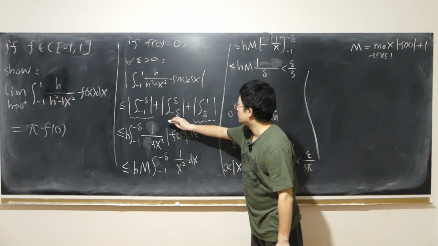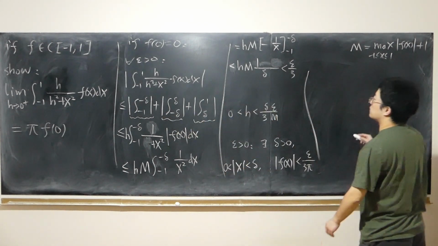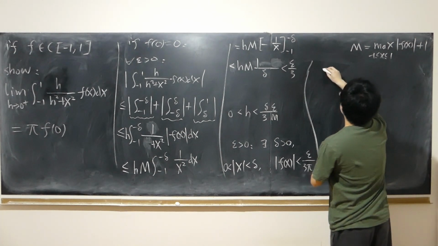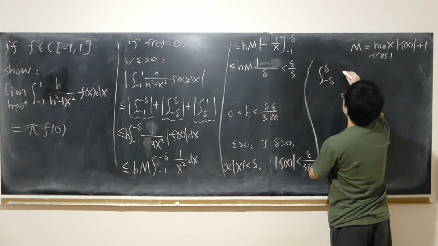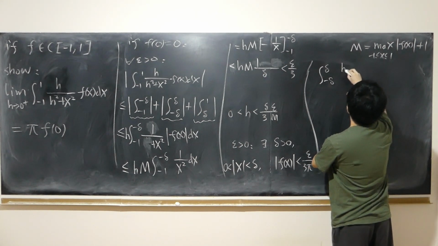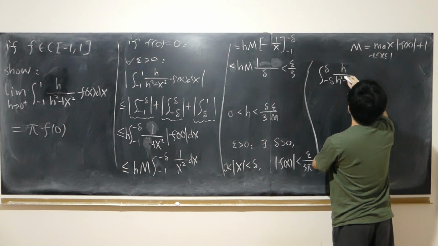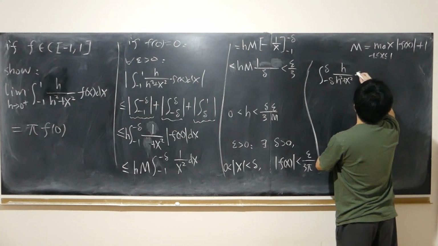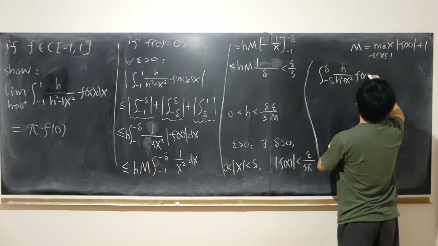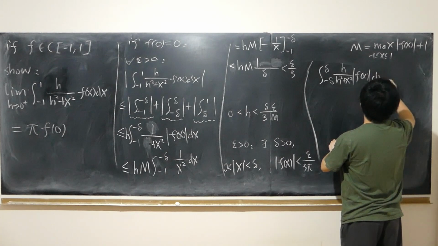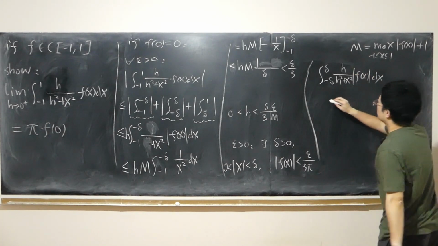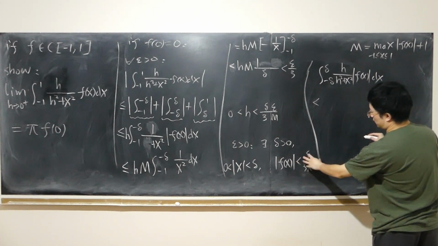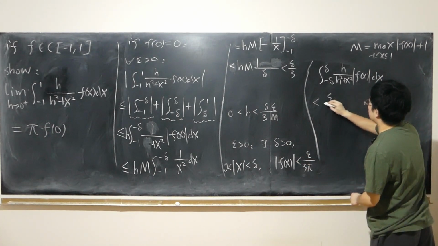So therefore, the middle section this time, negative delta to delta, h over h squared plus x squared, absolute value of f dx. Now, this time smaller than, first of all, epsilon over 3 pi.